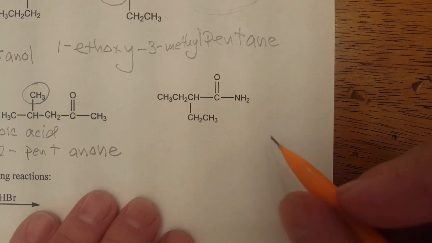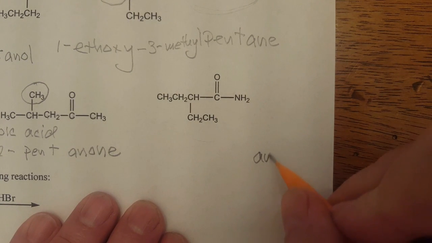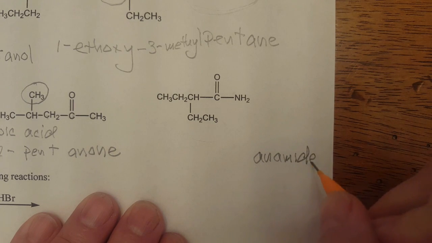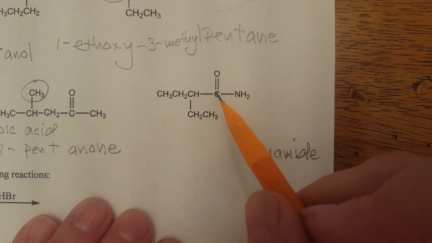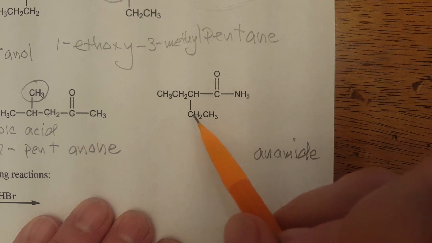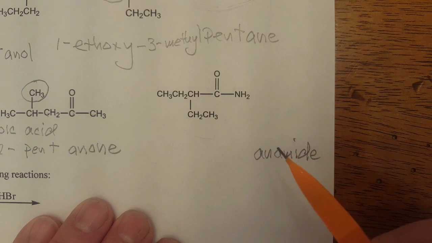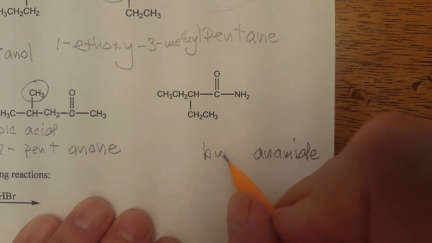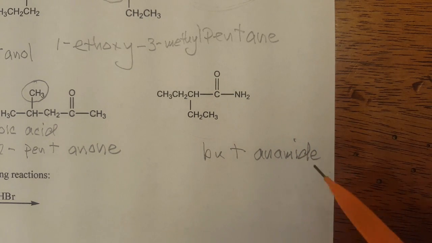So this is an amide. It's going to end in amide. Longest chain: 1, 2, 3, 4. It's 4. So that's going to be a butanamide.